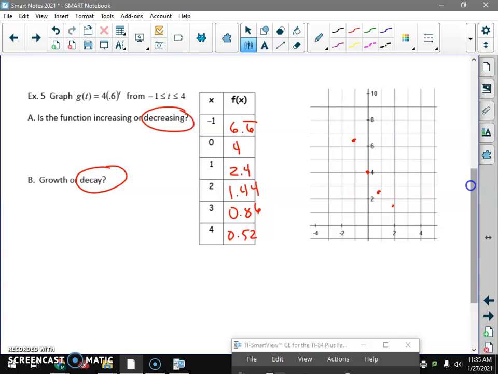Over 3, smaller than 1. And 4 is even smaller. And there's our backwards J. Let's connect them all, and make that arrow go out, but don't cross the x-axis. Looks like that. Sorry, I missed my dots a little bit. My smartboard is still a little bit off orientation.